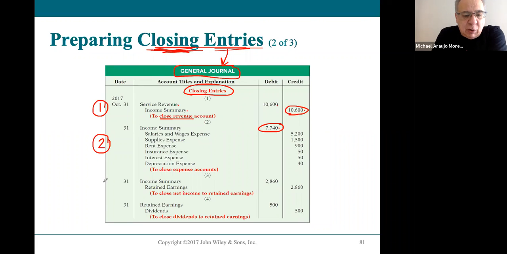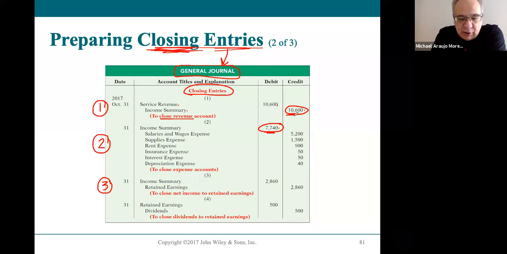So we no longer need that income summary account because it was simply a temporary holding tank. But your income summary account looks like your income statement. Revenues of 10,600, expenses of 7,740. That looks exactly like the income statement from Sierra Corporation because that's whose books we're closing. Okay.